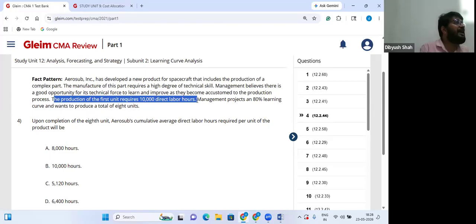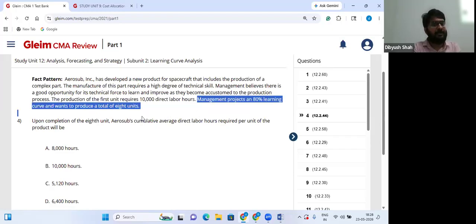So the first unit will take 10,000 hours. And see, they are also telling management projects an 80% learning curve and wants to produce a total of 8 units. Upon completion of the 8 units, what is the cumulative average direct labor hours per unit?